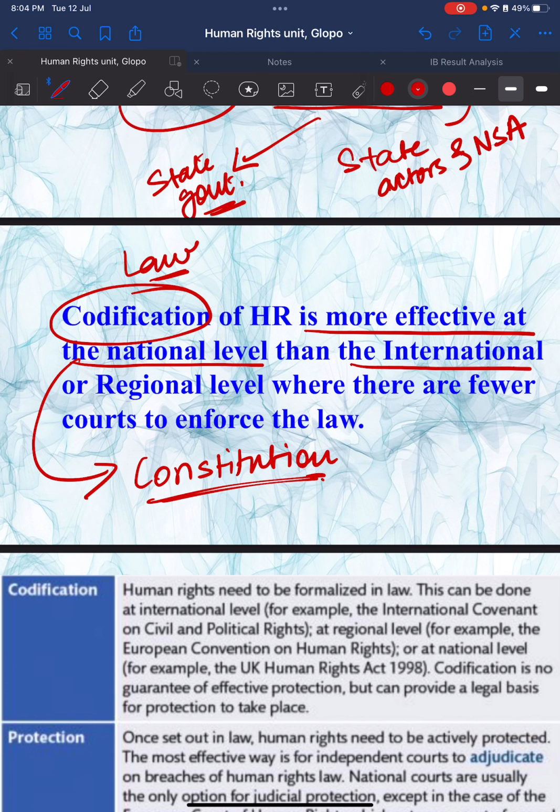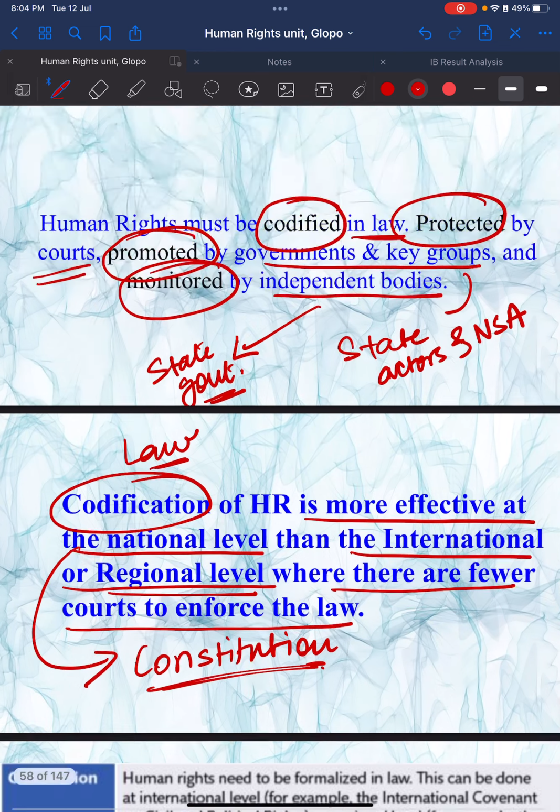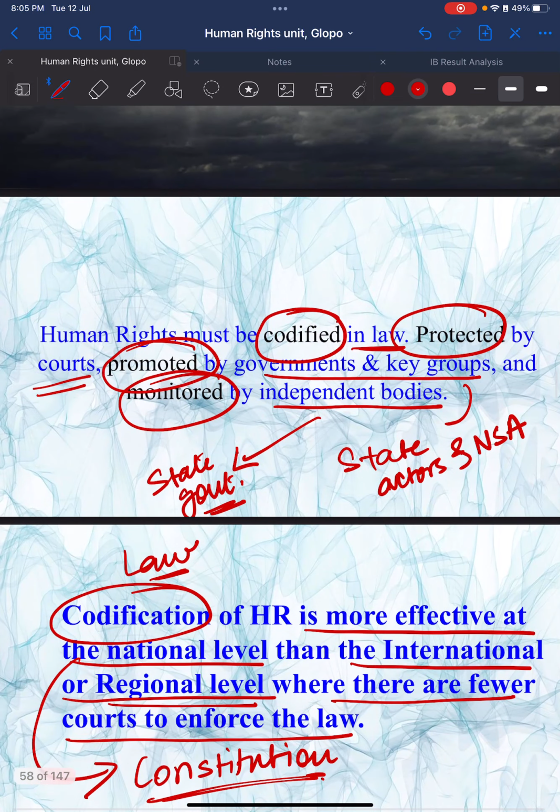Then the international or regional level, where there are fewer courts to enforce the law. That means that even if a country has codified the law, there is a high chance that the international or regional level laws might not be implemented very well. Who is protecting these laws? Courts, right?